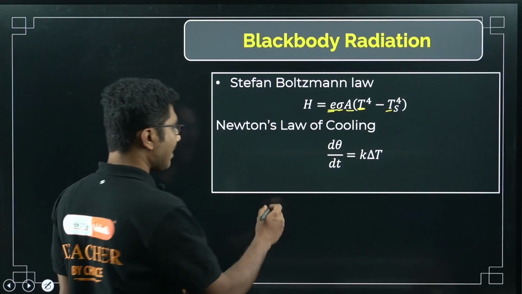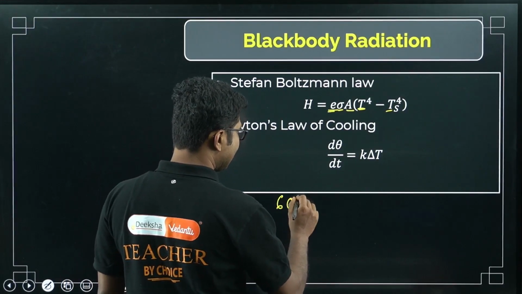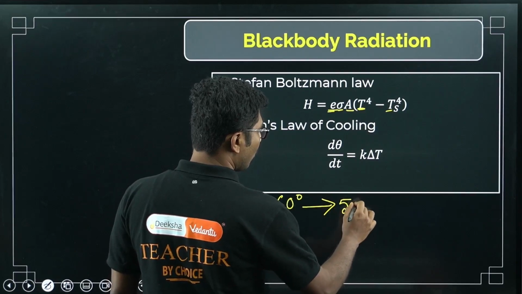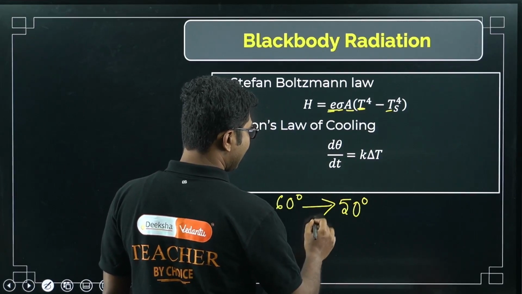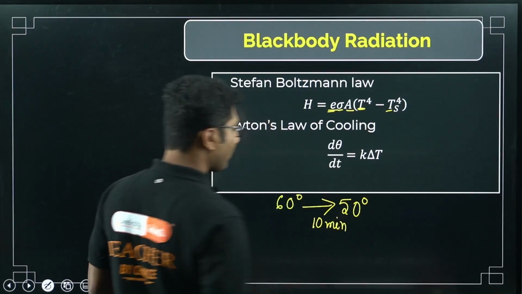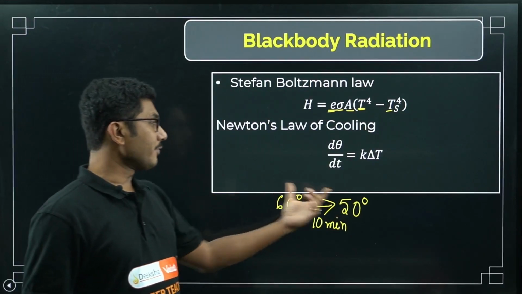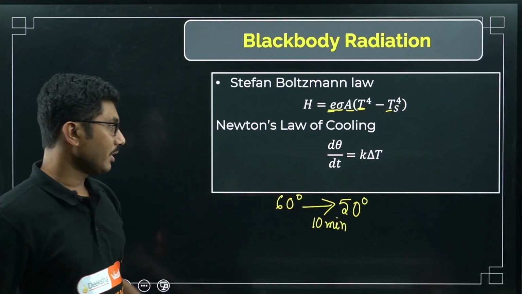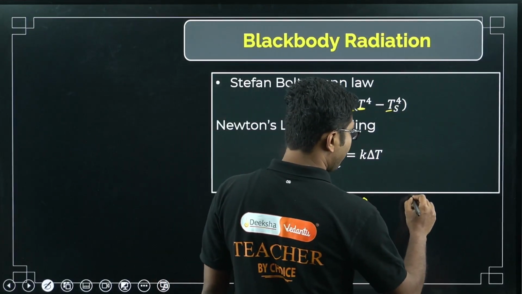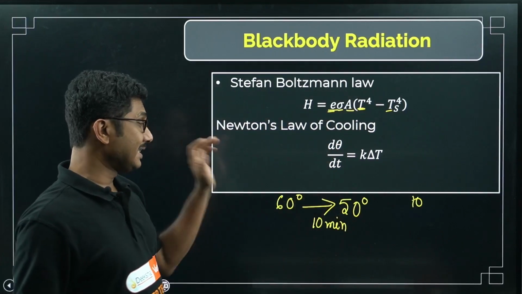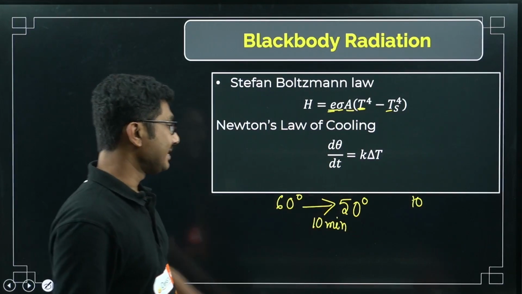Suppose I have an object which is at 60 degrees Celsius and it goes to 50 degrees Celsius, say in 10 minutes. The rate of change of temperature is called d theta by dt. So how much does the temperature change? The temperature changes by 10 degrees, right? 60 minus 50 is 10 degrees.